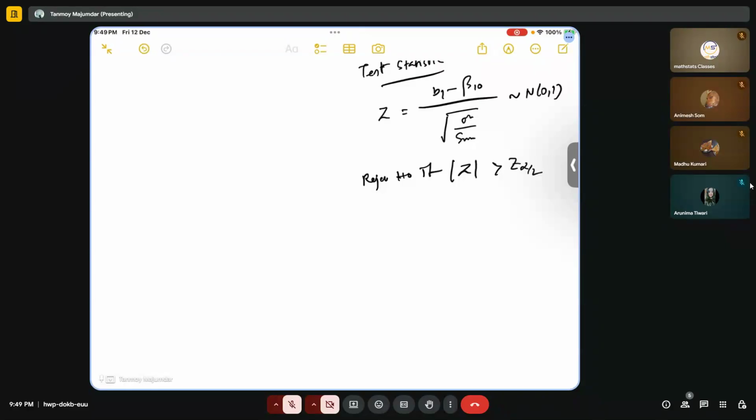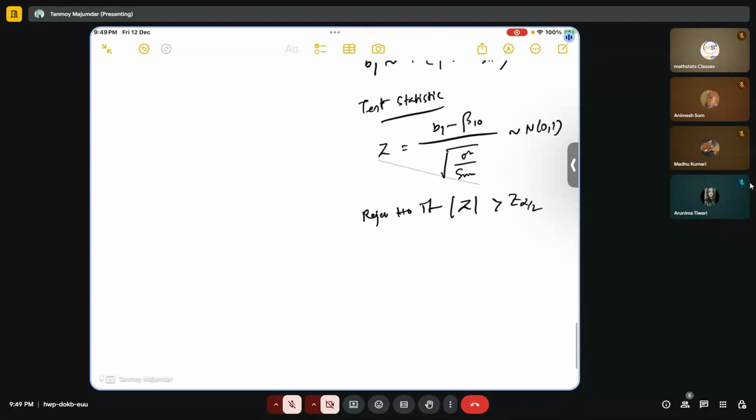If we reject the null hypothesis, that means the hypothetical value we assumed is not the same, right? So if you are testing null hypothesis beta 1 equals 0 against alternative beta 1 not equal to 0, and we reject the null hypothesis, that means there is a significant slope parameter.